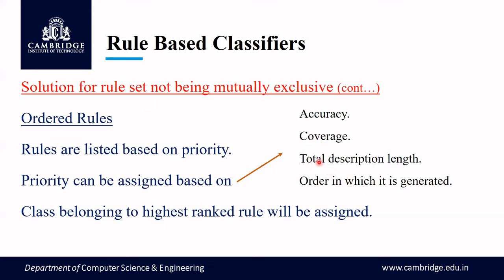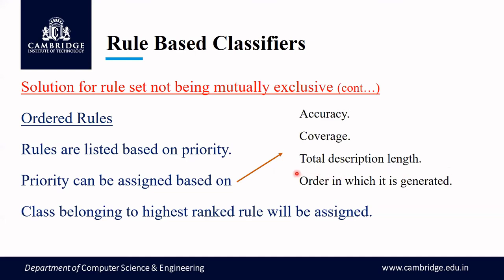In the previous example for the turtle case, we had rule 4 and rule 5 both covering that particular record. Now we had an ambiguity there: whether to consider R4 or R5. In such a case, you can take this particular measure, that is the order in which it is generated.